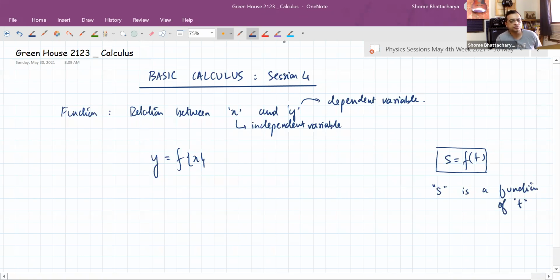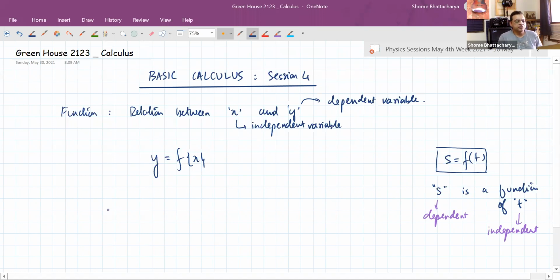So in this case, t would be the independent variable and s would be the dependent variable. It is just a matter of convention, as I told you, that the dependent variable is written on the left hand side and the independent variable is written in the expression on the right hand side. Okay, this is about a function.